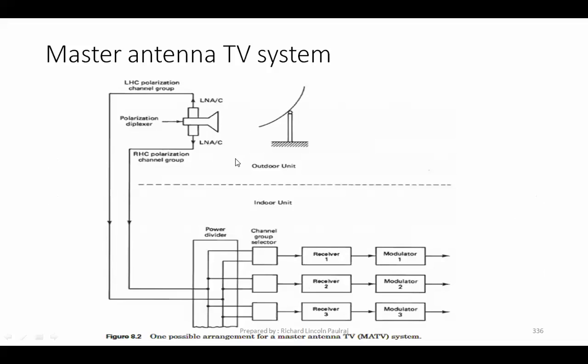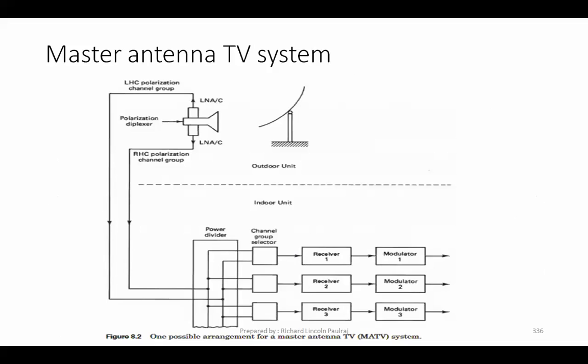So just one outdoor unit, the same conversion process, and then this power divider is important. Then the channel group selector is also important. From here, it starts moving into different receivers based on how many slaves or how many client systems are connected.